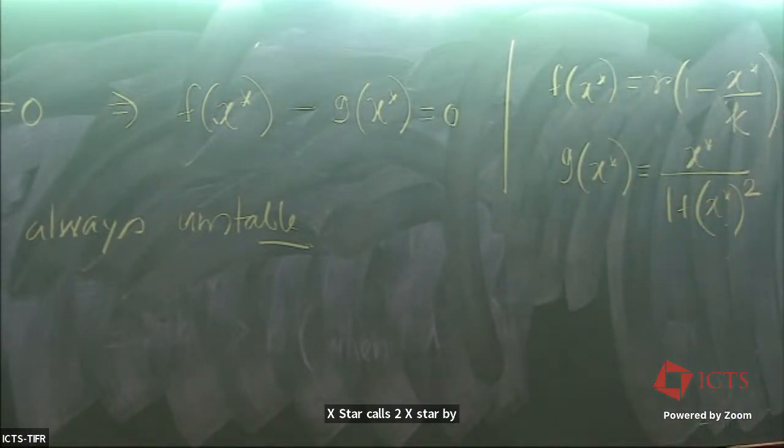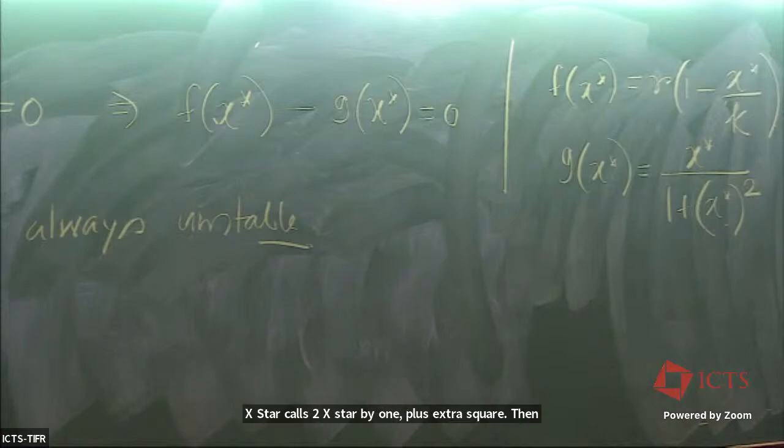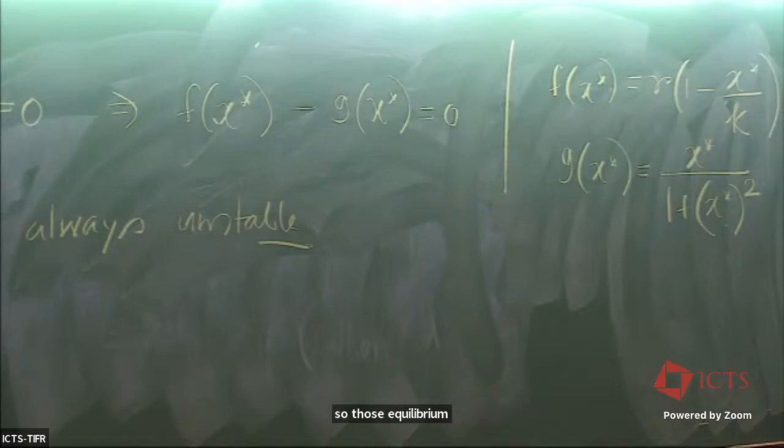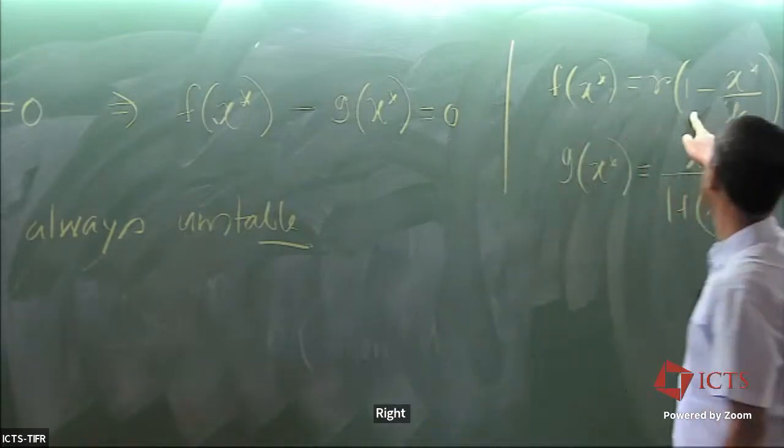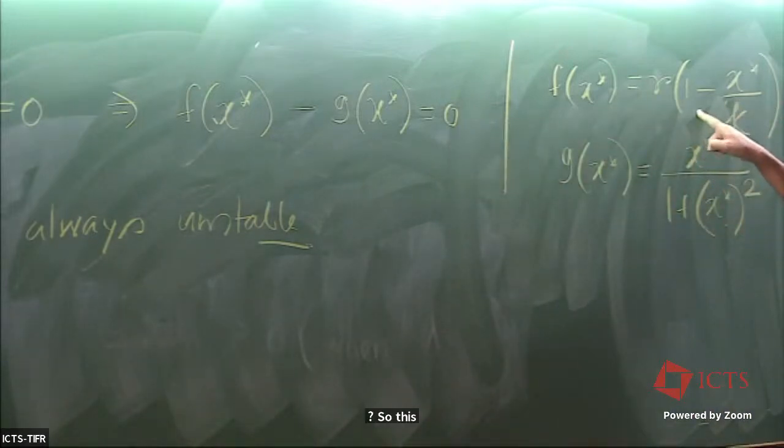Then graphically you can talk about the equilibrium point, right? So those equilibrium points will be intersection points of these two functions, right? So this one will result just simply x equals to k.